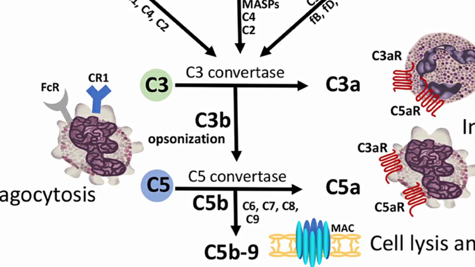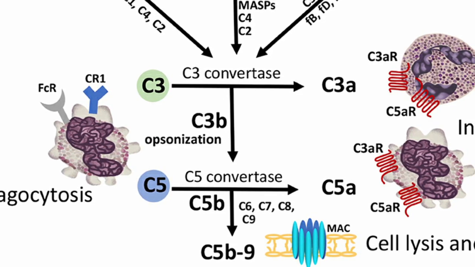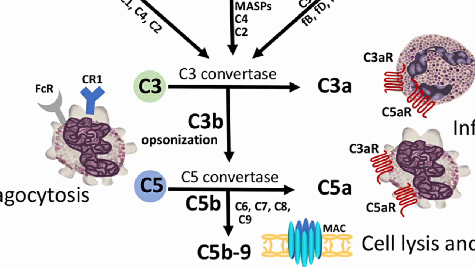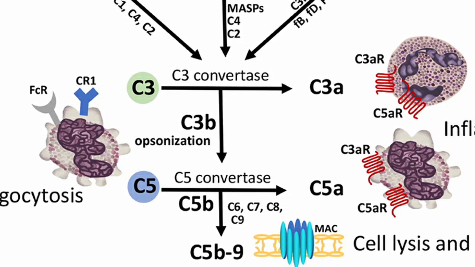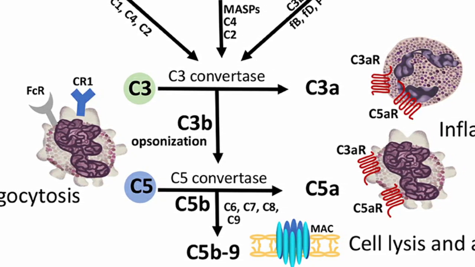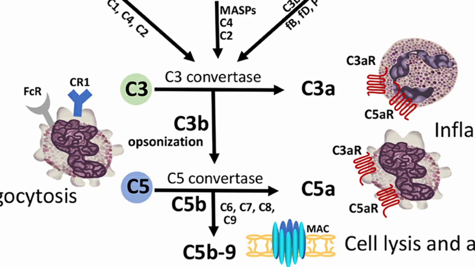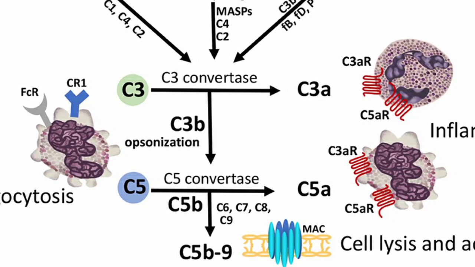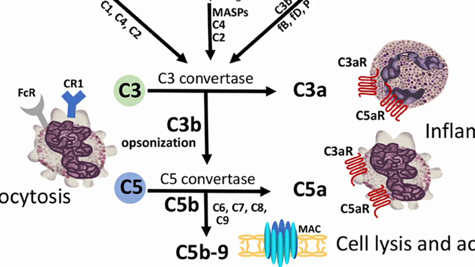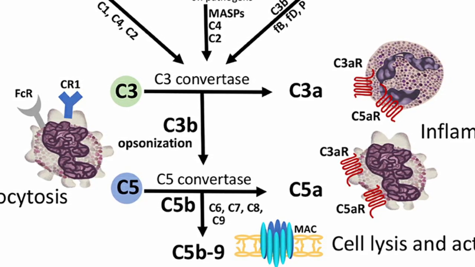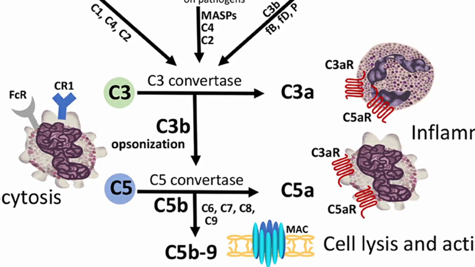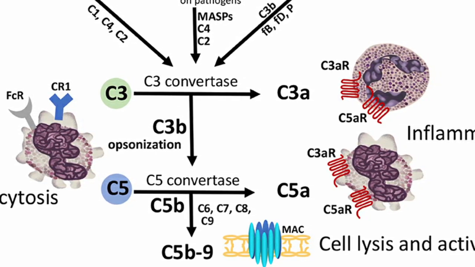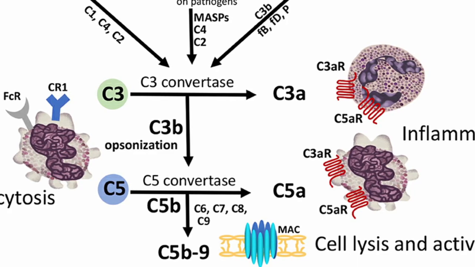The C5b fragment, along with other complement components, including C6, C7, C8, and multiple C9 molecules, assemble into the membrane attack complex, also known as the MAC. The MAC inserts into the membrane of the target cell, usually a pathogen or infected cell, and forms pores, causing cell lysis and destruction.